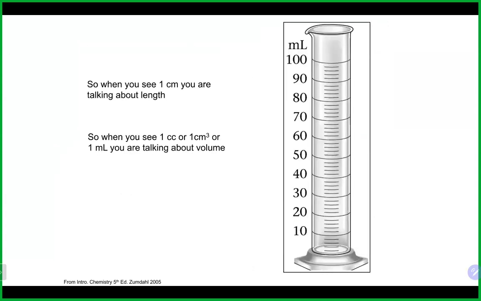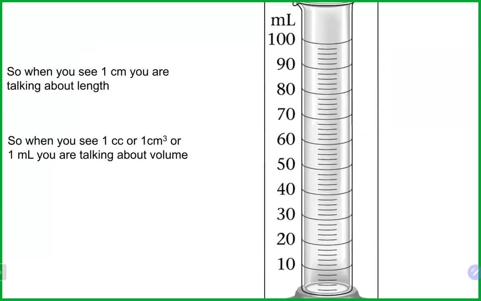All right, so we talked about cc's, cubic centimeters. Again, we would want to read this correctly, by the way. How far can we take the reading on this particular graduated cylinder? Whole number, first decimal place, second decimal place, third decimal place. How far can I take it to?